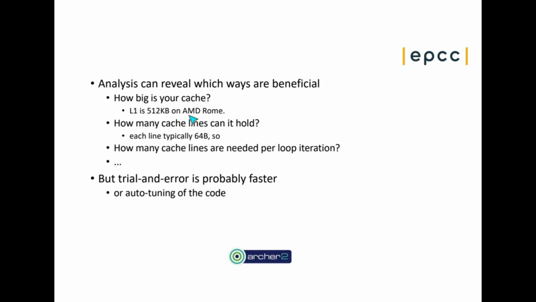I think you should say L2 is 512K on AMD, not L1. So how many cache lines can you hold? How many cache lines does each loop iteration take? How many loop iterations will access enough data to fill the cache? So you can do some calculations, but in the end, you may just end up doing some trial and error.